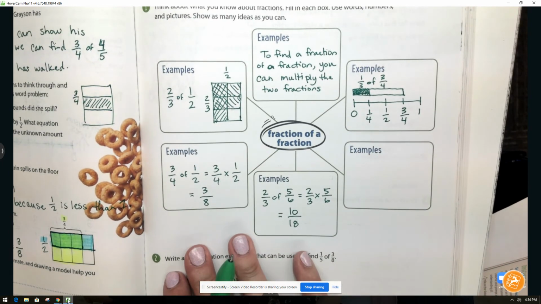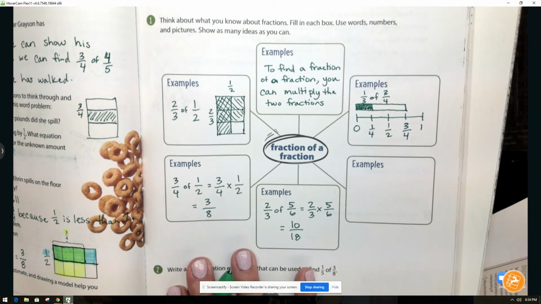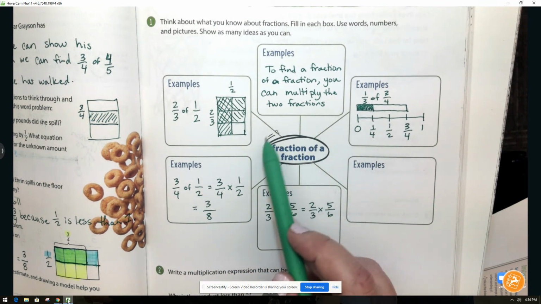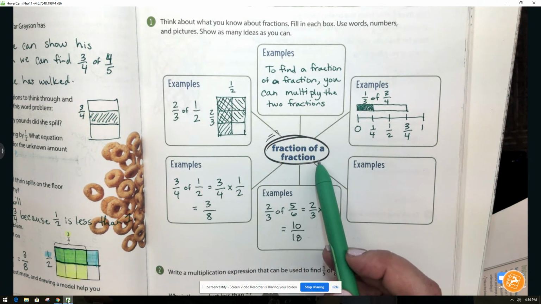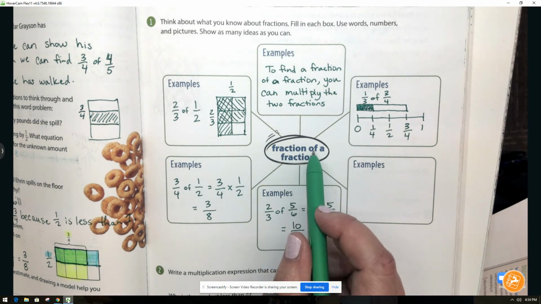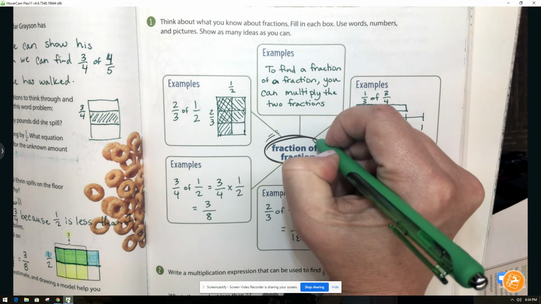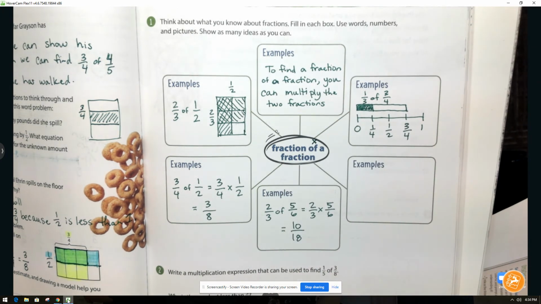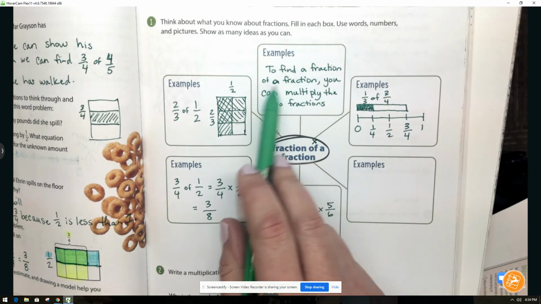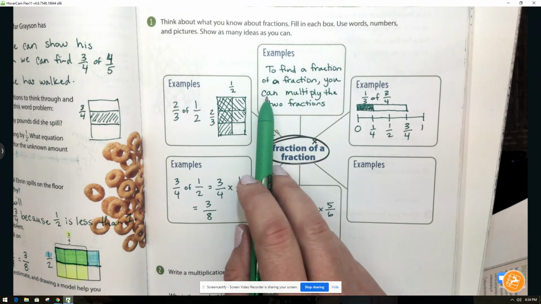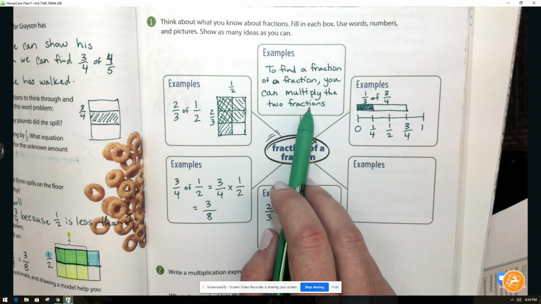All right. Whenever we're working, we're thinking about what we know about a fraction of a fraction, meaning a fraction multiplied times a fraction, because remember that of means multiplication. So to find a fraction of a fraction, you can multiply the two fractions.